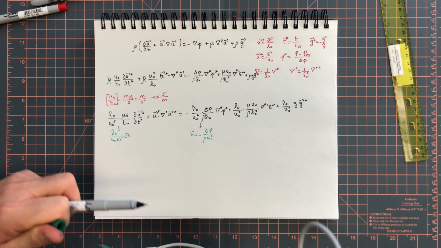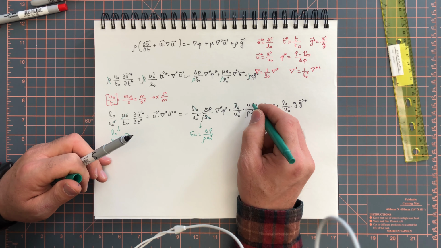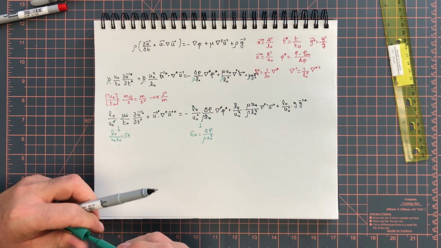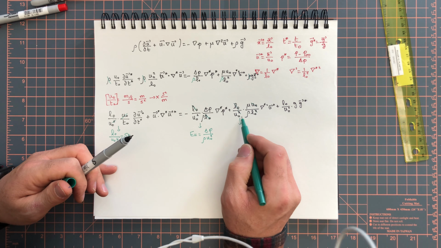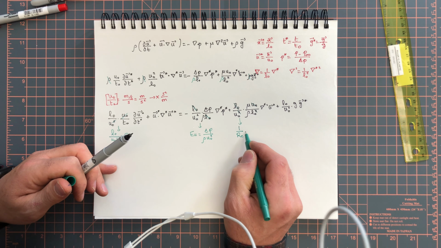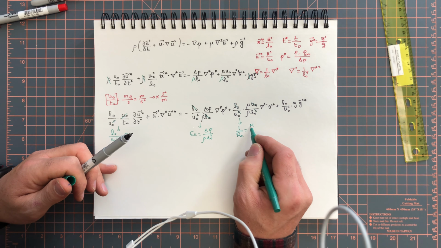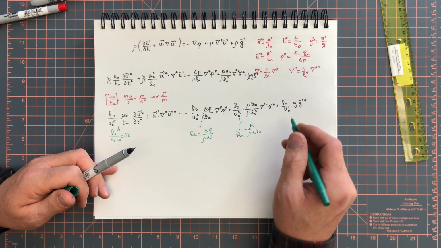Okay. Now, what about this guy? We get L0 cancels out with L0 over here. U0 cancels out with U0. And what we get here is the mu over rho U0 L0, and that is 1 over the Reynolds number, which is mu over rho U0 L0. Okay?